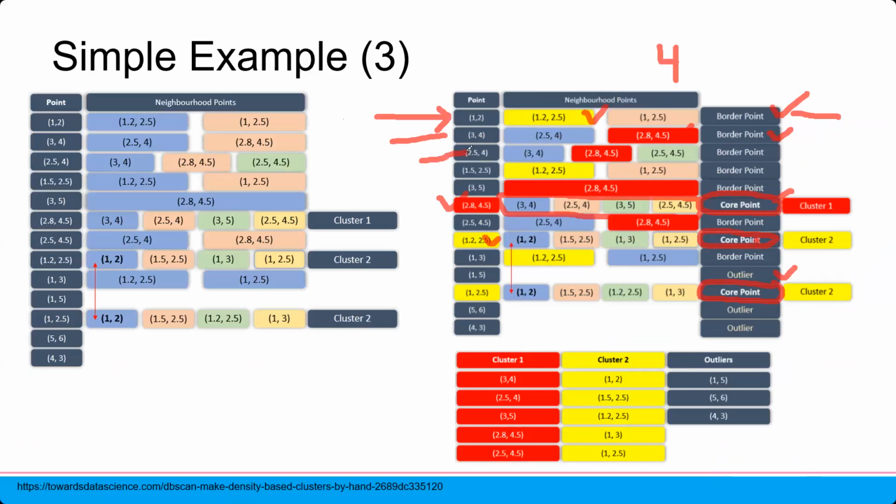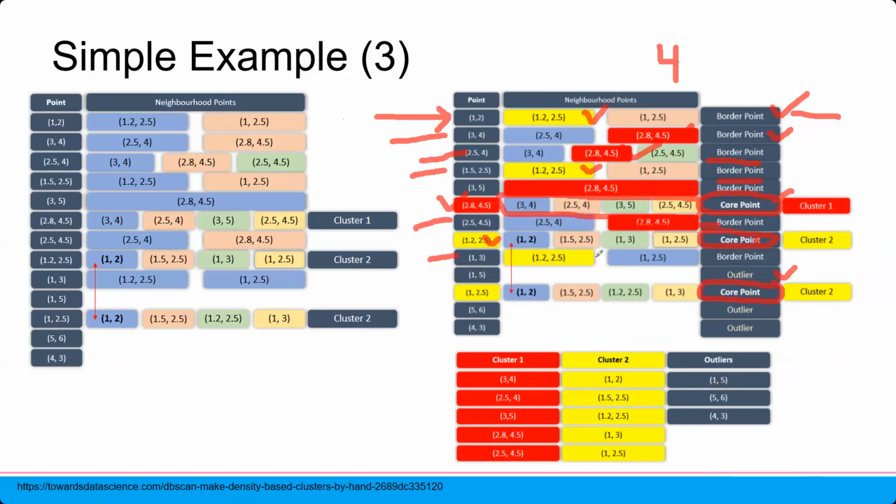The point number 3 is also a border point because it contains one core point. This one contains 1.2, 2.5, so it is also a border point. This is also a border point because it contains 1 point.